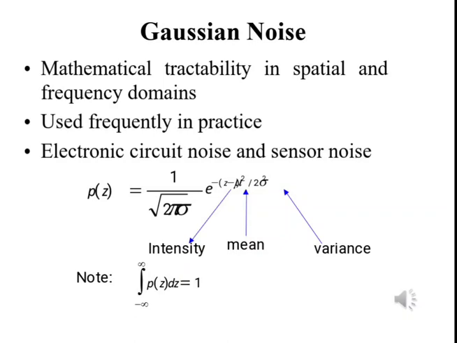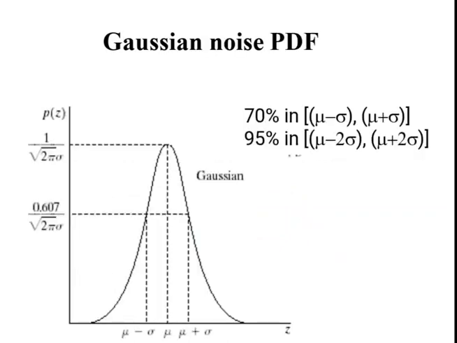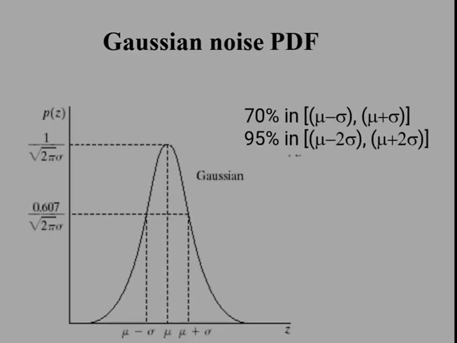The standard deviation square, sigma square, is called the variance of z. A plot of this function is as shown in the figure. Approximately 70% of its values will be in the range from z bar minus sigma to z bar plus sigma, and about 95% will be in the range from z bar minus 2 sigma to z bar plus 2 sigma. The mean is also denoted by mu.